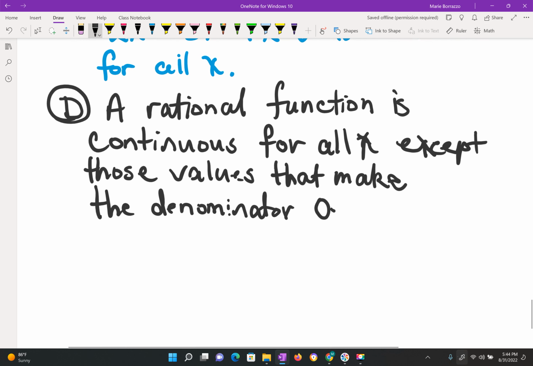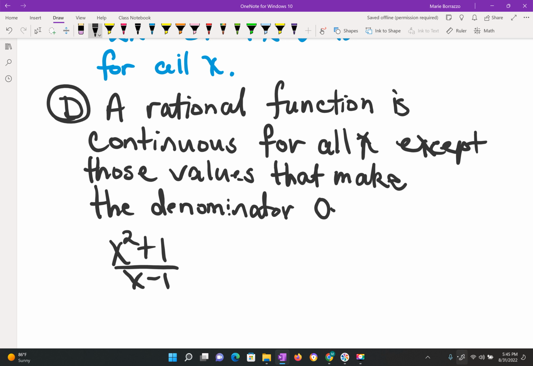So they give you an example of a rational function. There's many more, but like x squared plus 1 over x minus 1. So we would say that this particular function is continuous except where x is positive 1.